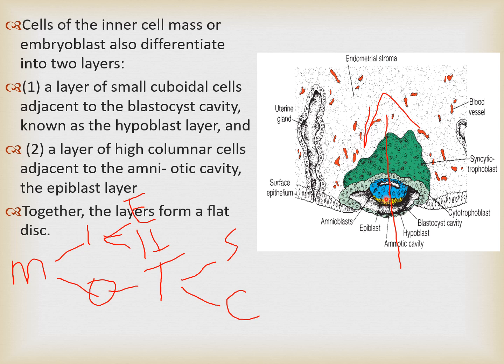With further development, a cavity appears within the epiblast, and this white colored cavity is known as the amniotic cavity.